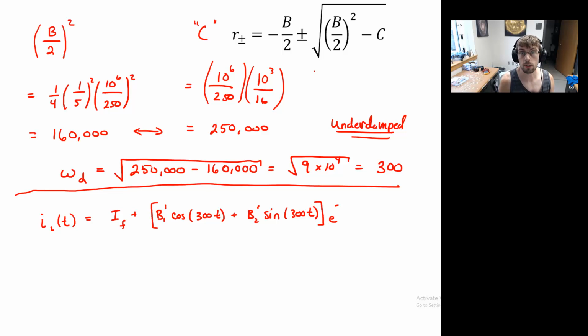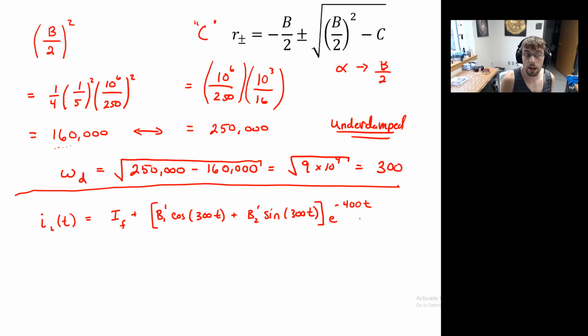And now this book uses the notation alpha, which you can think of as the value of b over 2. So if we take b over 2 squared, it is 160,000. So b over 2 is just 400. So there is the solution to the differential equation for the current flowing through the inductor.